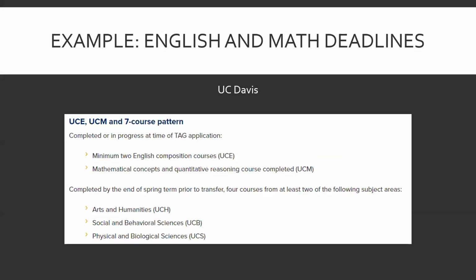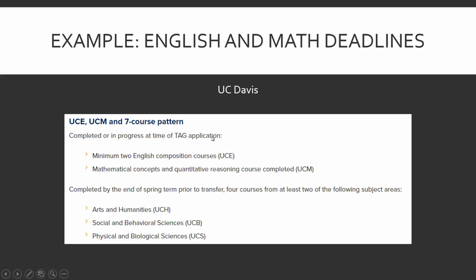Now, some examples of English and math deadlines. If we're looking at UC Davis, you'll see that you need a minimum of 2 English courses. Your second English course needs to be in progress at the time of your TAG application. That also holds true for your math concepts and quantitative reasoning course. So these both need to be in progress when you apply.